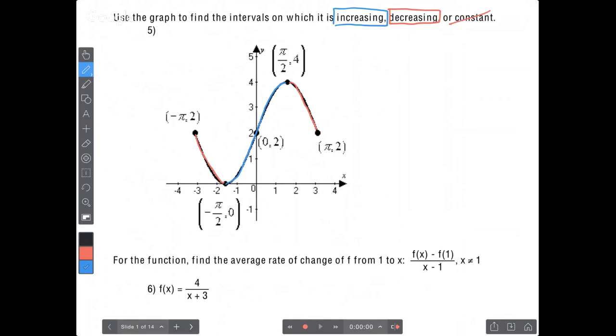Okay, so find the intervals. Increasing on the interval from negative pi over 2 to pi over 2. So from here to there. Where is it decreasing?